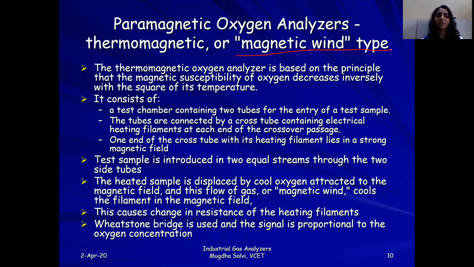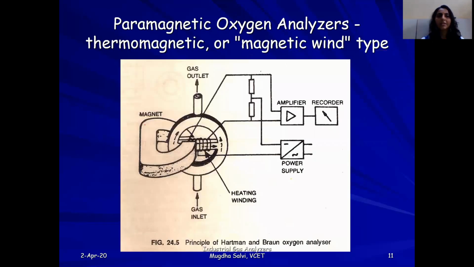Now in this construction, as you can see in the diagram, there is a permanent magnet. This is the gas inlet, the heating filament. Initially there is a sample gas which is less susceptible to your magnetic field.